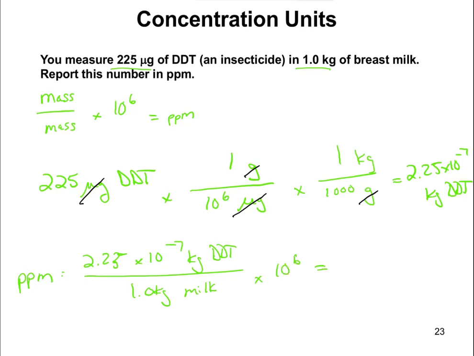And that's what gets us to the part per million. So 2.25 times 10 to the negative 7 divided by 1 times 1 million gets us to 0.225 part per million. And that would be your final answer.